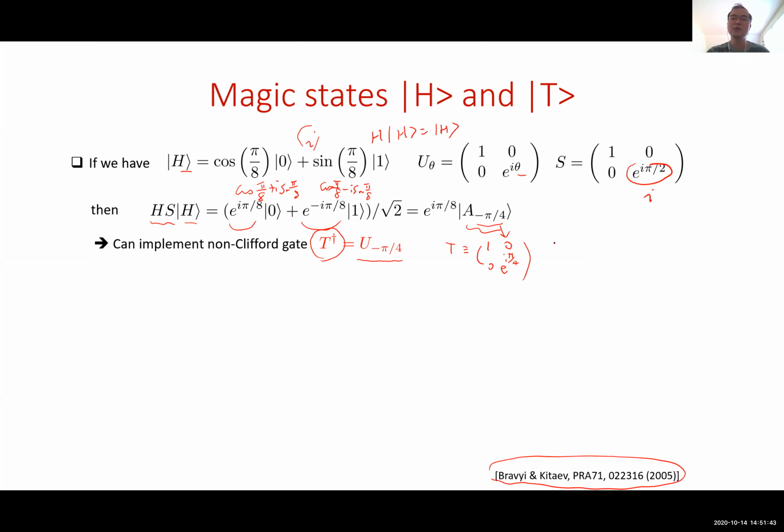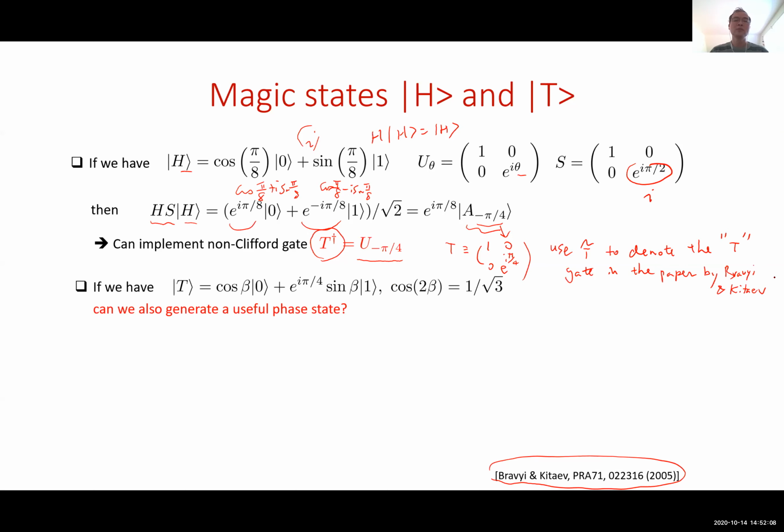So I will use T tilde to denote the T gate in the paper by Bravyi and Kitaev. Okay, so that's the use of an H state.